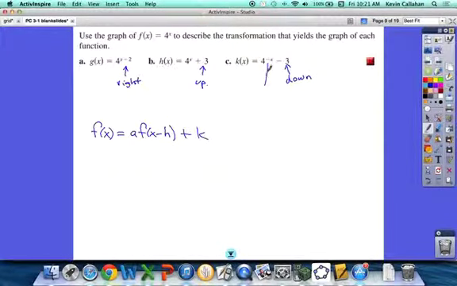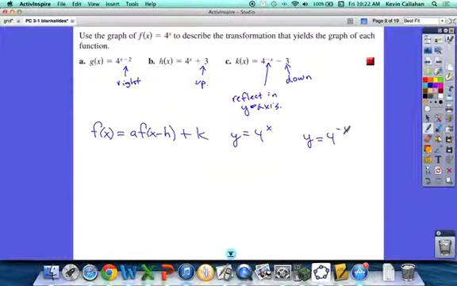And putting the negative in front of the x is flipping over the y-axis. Using their language, we'll say reflect in the y-axis. But just compare those 2 functions: y equals 4 to the x and y equals 4 to the negative x.